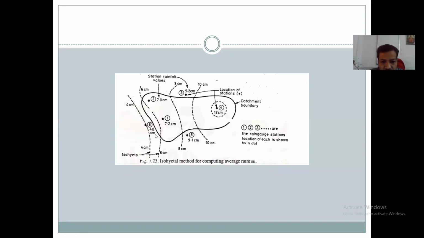At the sixth station it is 4 centimeter. Okay, so the isohyets are drawn in this map. The catchment boundary shown here is the catchment boundary of the basin area.